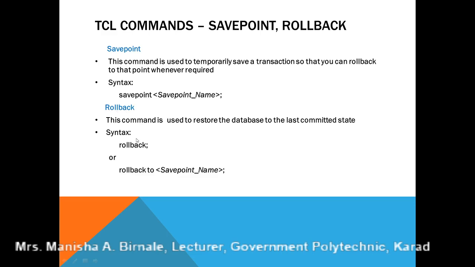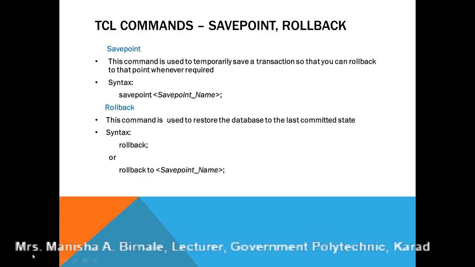This is the syntax of rollback command. If you want to restore database to last committed state, then you have to use rollback and semicolon. If you want to restore your database up to some save point, then you have to use rollback to save point name, terminated by semicolon, so that your database will be restored up to the save point.